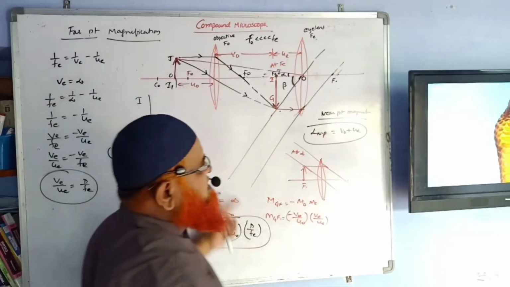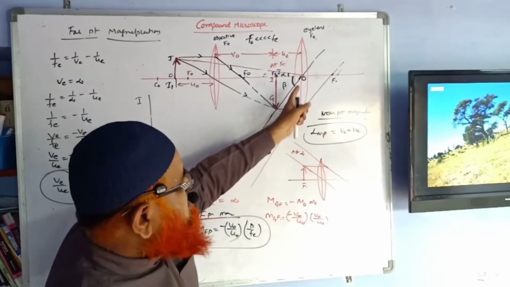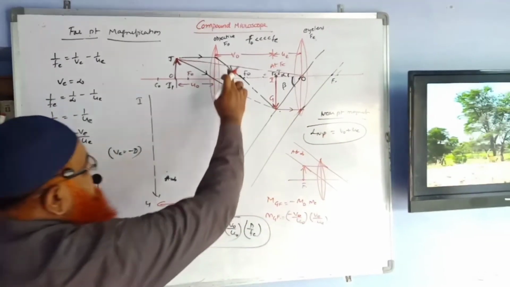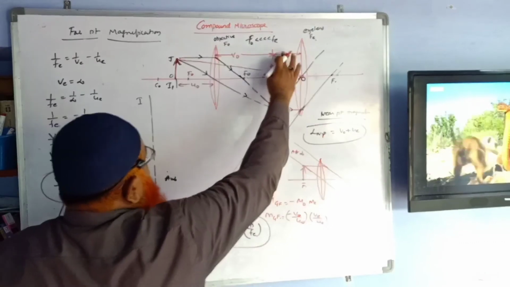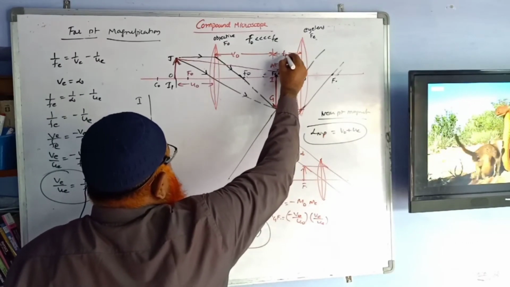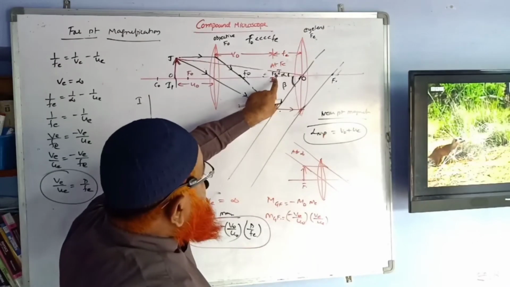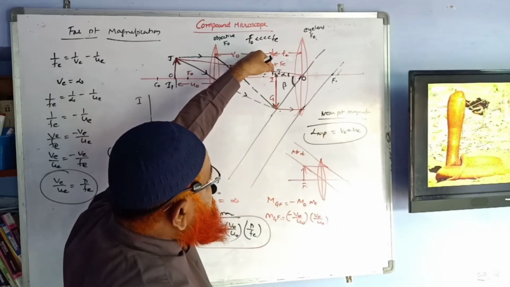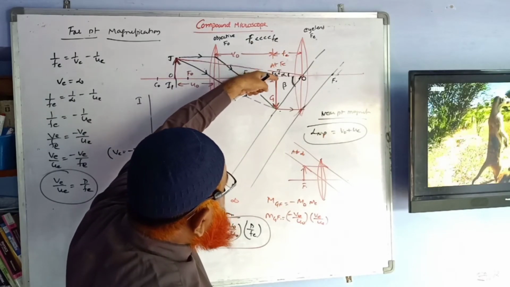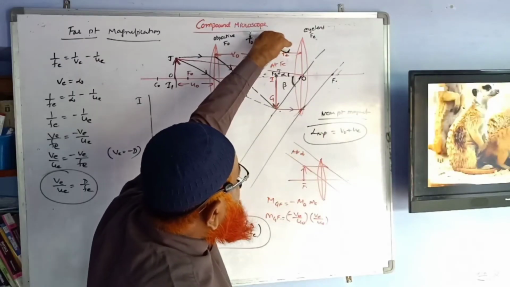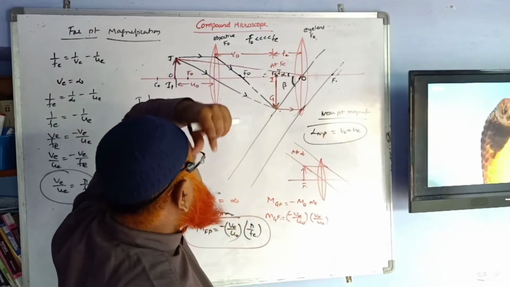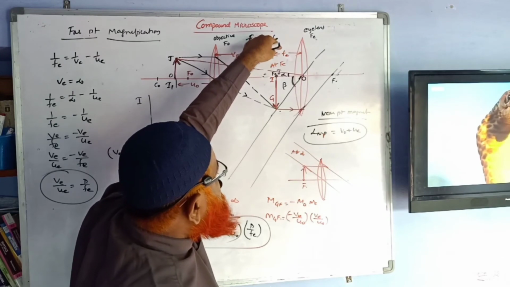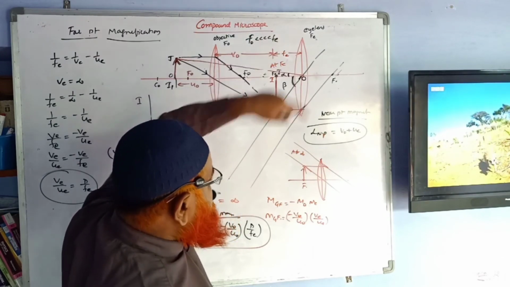Length means nothing but the distance between the two lenses. But in this case, as V naught will be same, but UE will be replaced with FE. As the object is exactly considered at focal point, that is principal of focus FE, then from principal of focus to optic center distance is going to be FE, not VE. So this is to be replaced here. Previously it was UE, it is now FE here.